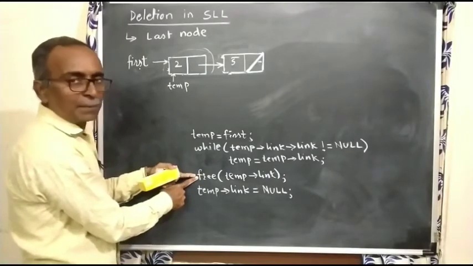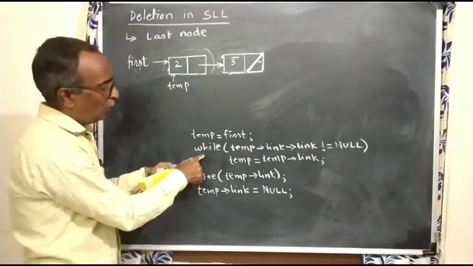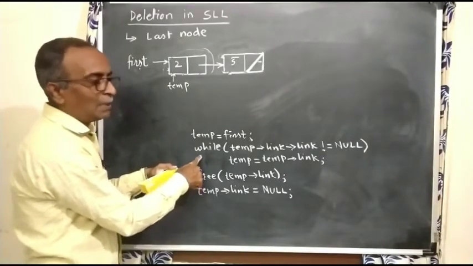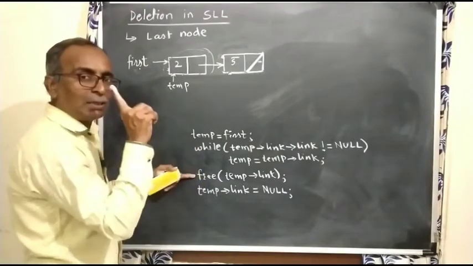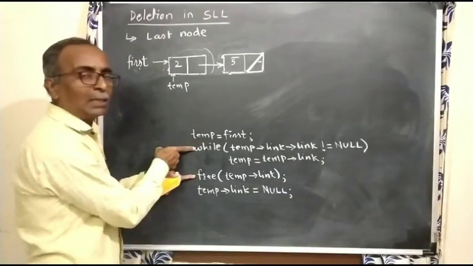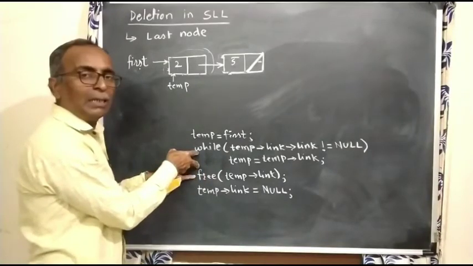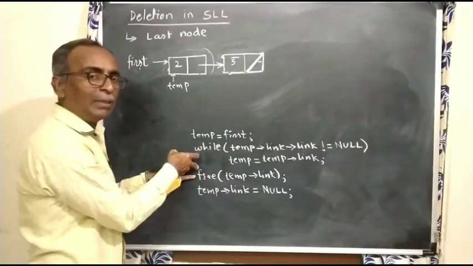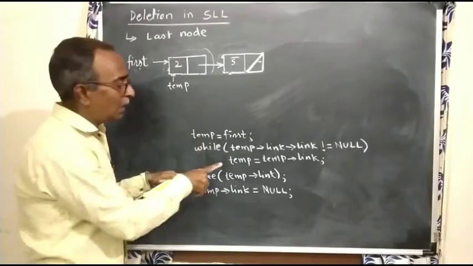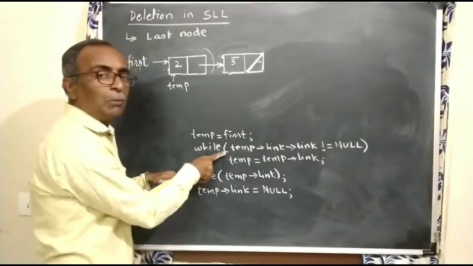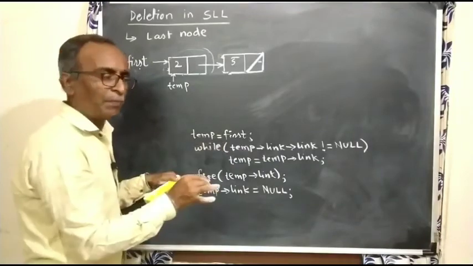It will come here. See, you should know that when I am not giving a curly brace set, only one statement is assumed to be in that control structure. When the beginning and ending curly braces are not given, one statement is assumed to be in this particular control structure, anything.